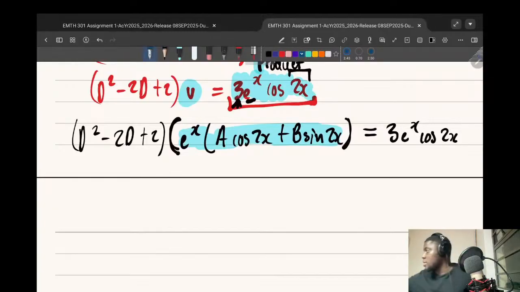I don't want the exponential product. This is the sum. Yes, here we have the sum.